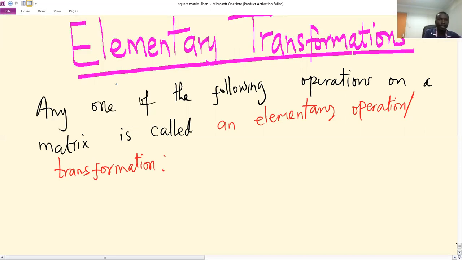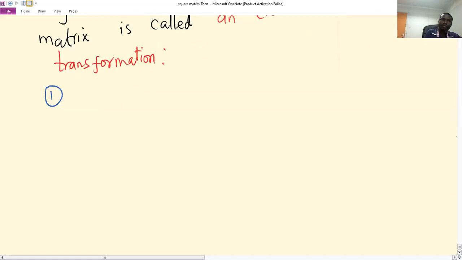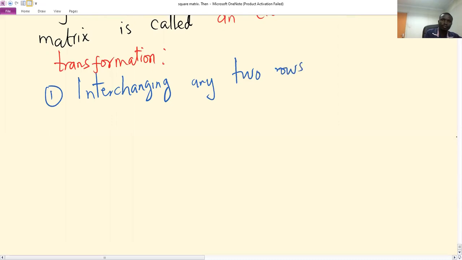Mainly there are three things. One, interchanging any two rows or columns.